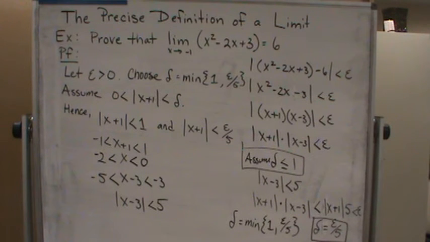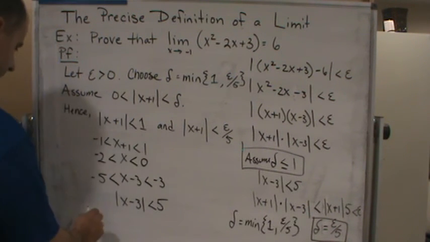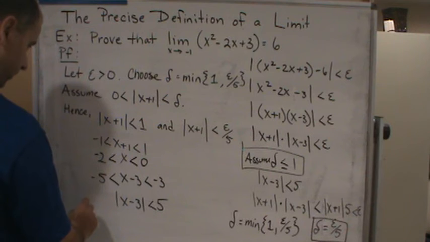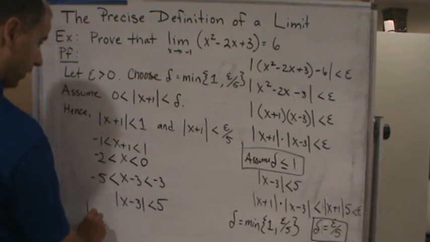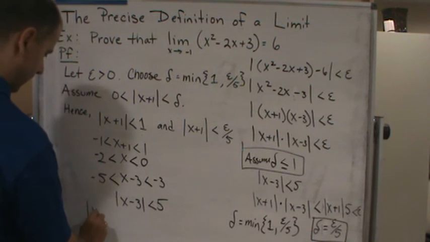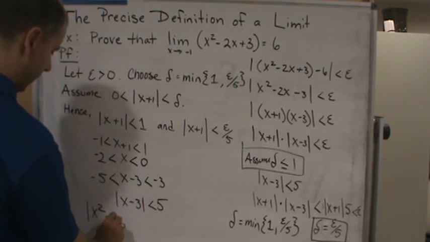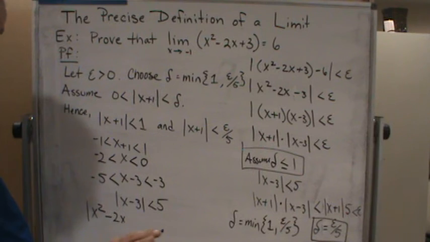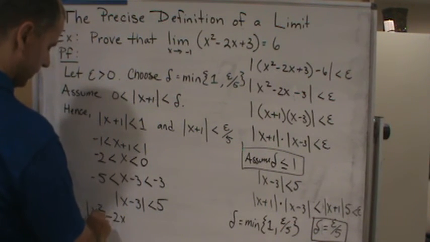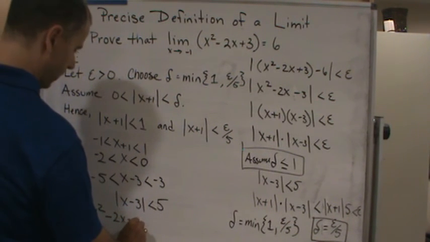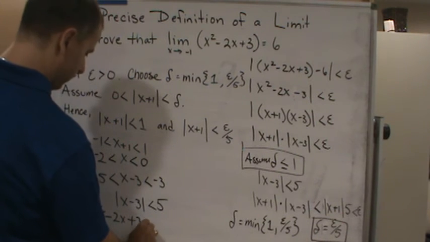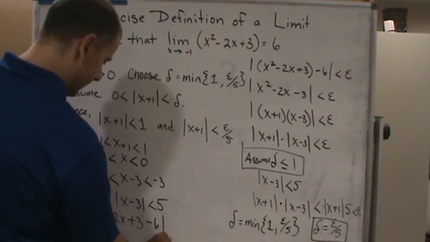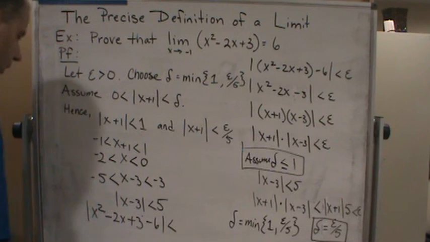So now this gives us this, that the absolute value of x squared minus 2x, see, this is where it's a little different than before. So this gives us x squared minus 2x plus 3 minus 6 is what?